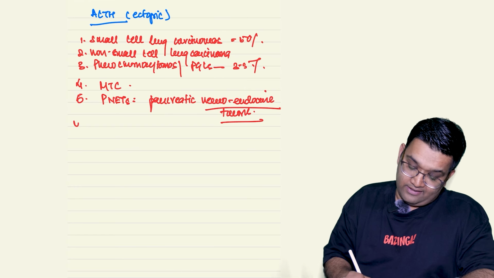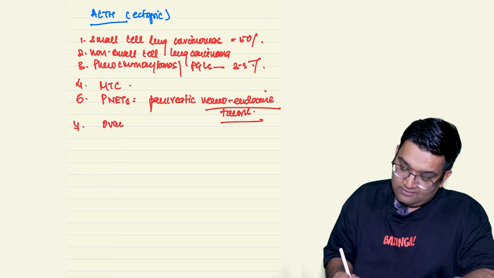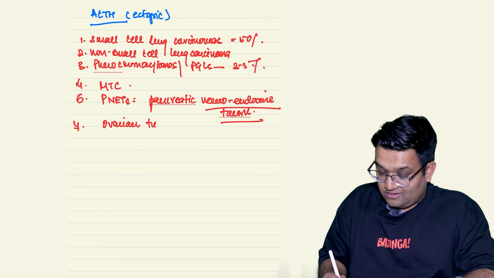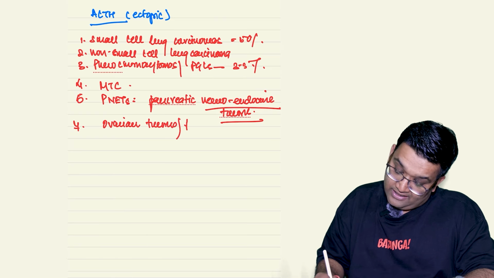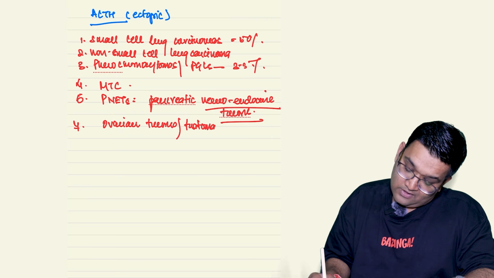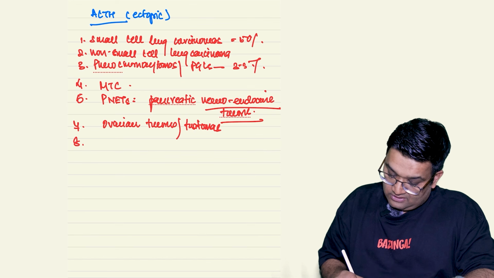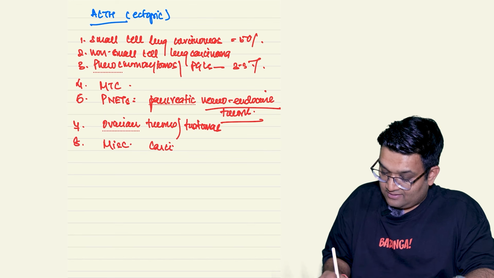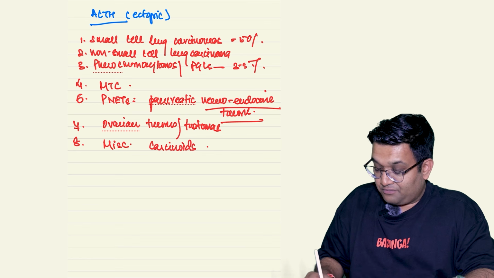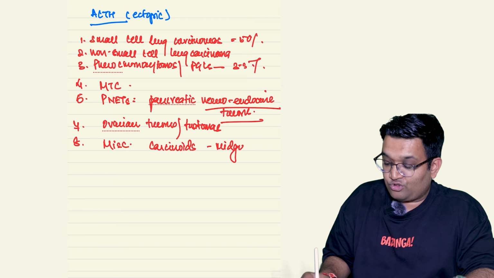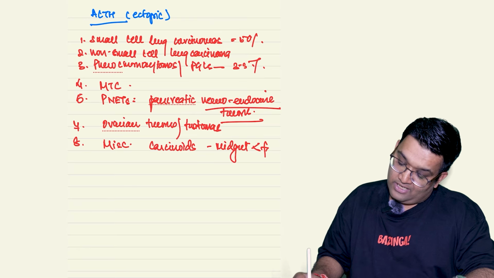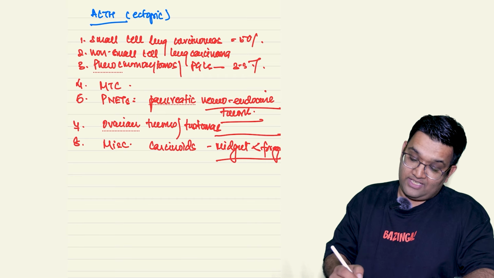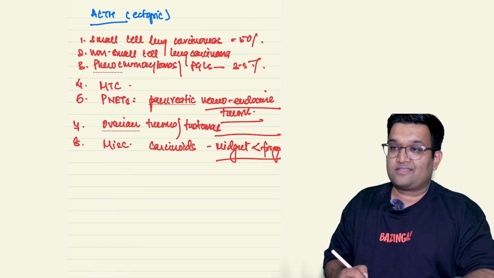Alright, and there may be ovarian tumors or even teratomas, sometimes miscellaneous carcinoids, midgut most commonly, followed by foregut. So these are the causes of ectopic ACTH.